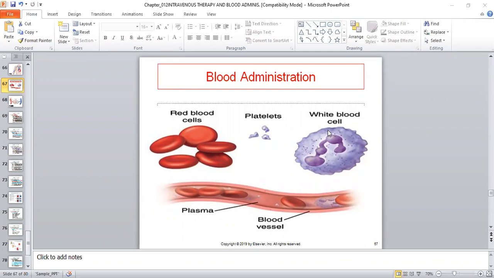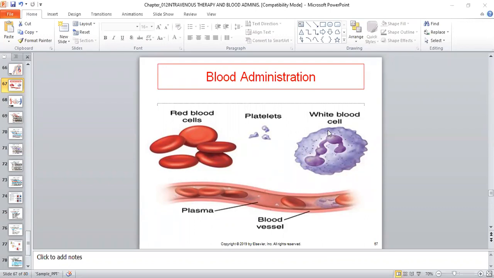So if there is a deficiency of white blood cells, infection easily attacks or the patient develops a fever. Fever is the sign of infection.